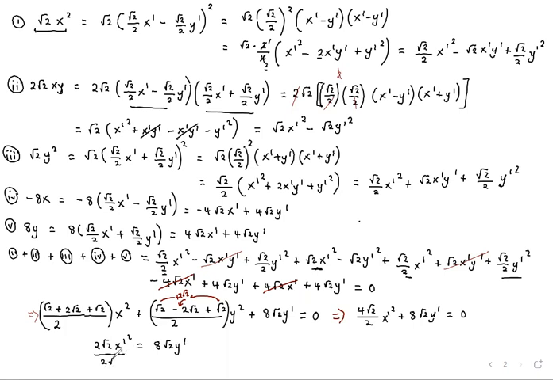Let's divide by 2 root 2. So what we're getting is x prime squared is actually equal to 4y prime. Wow, now we have gone back to what we know how to sketch. It's a known thing.